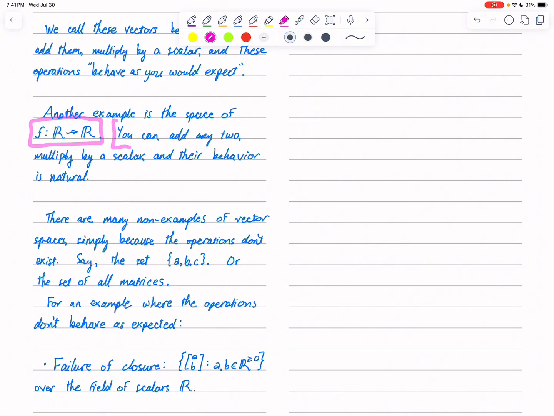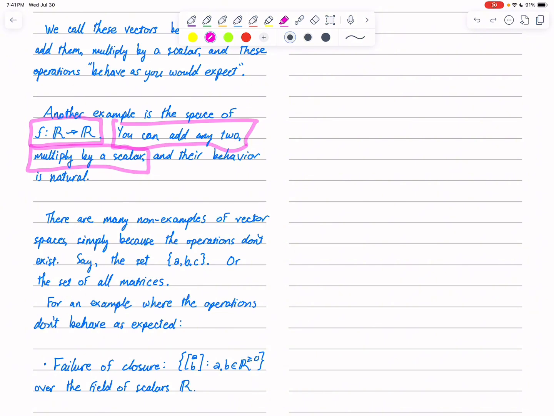It makes sense to add any 2 such functions. So that's good, that's part of what we need to have a vector space. It also makes sense to multiply by some real number. So it's got those 2 important operations. The scalar multiplication might not really count as an operation technically.